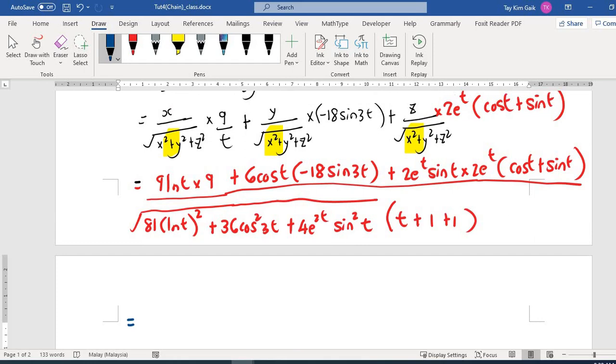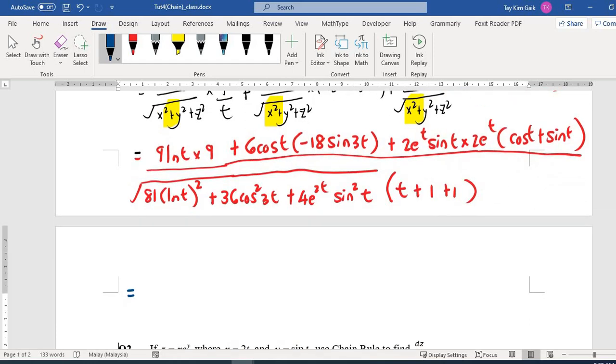For the first term, you have 9 times 9 is 81 ln t. Then 6 times negative 18, negative 108, you have cos 3t sin 3t.